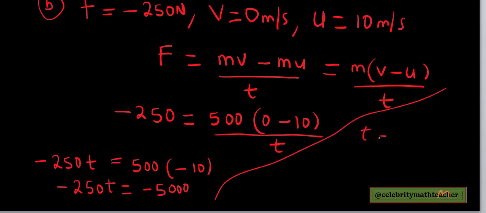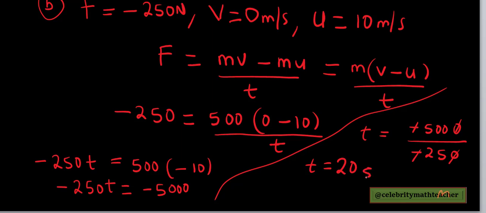So time is negative 5,000 divided by negative 250. Negative cancels negative, so we cancel this, 500 divided by this, that will go 2 times here, so we'll have 20 seconds as our final answer. So that's the required time.